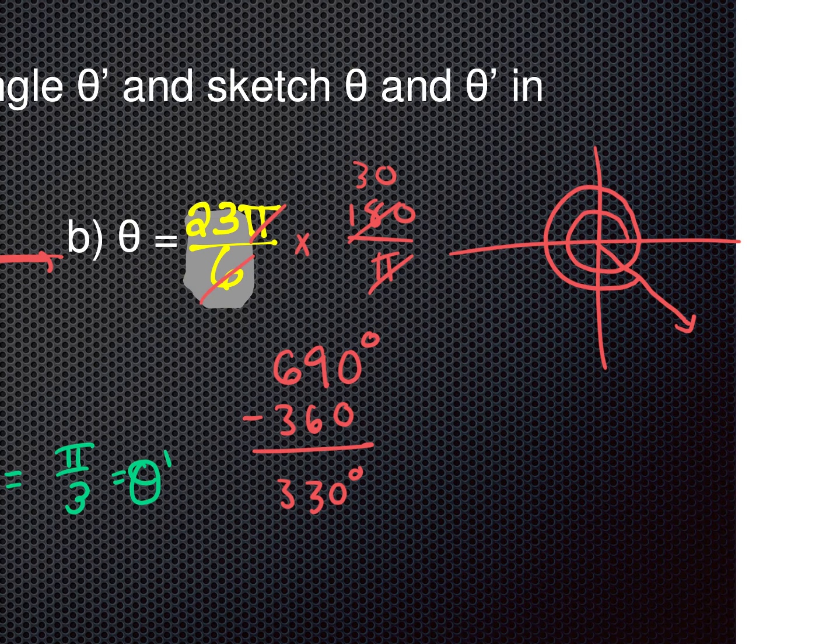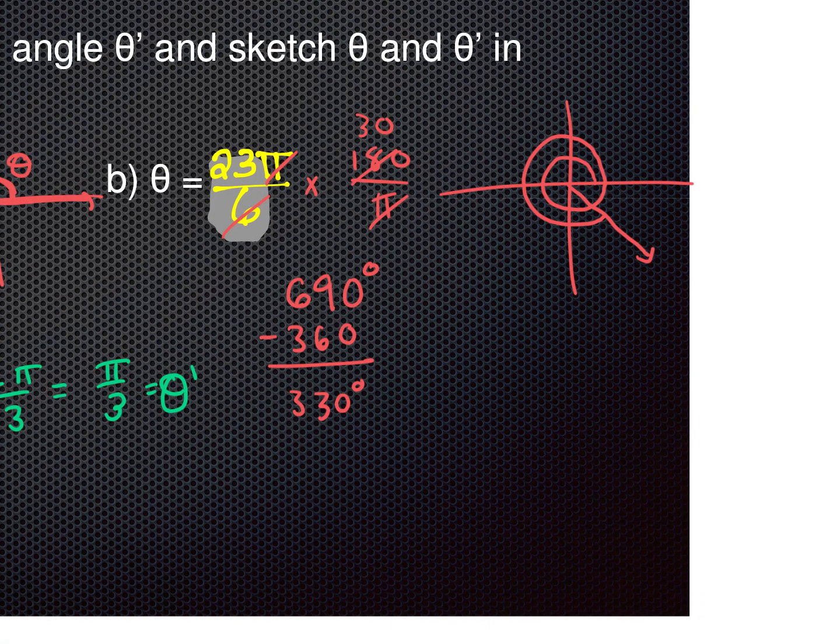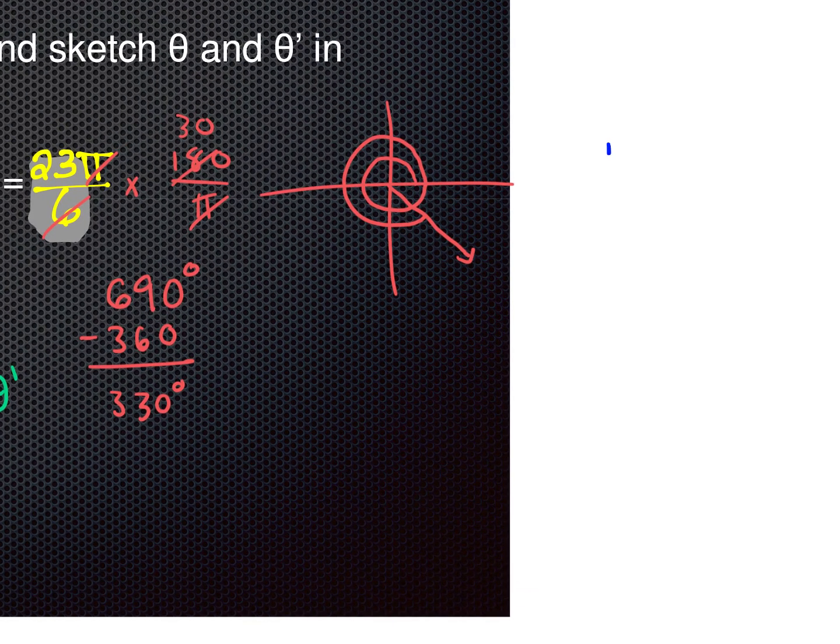So if it's in quadrant 4, what do I need to do? 2 pi minus theta. Theta is 23 pi over 6. So I need a common denominator. I'm going to change this to 12 pi over 6.